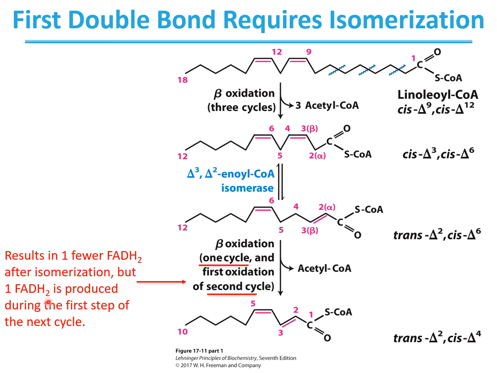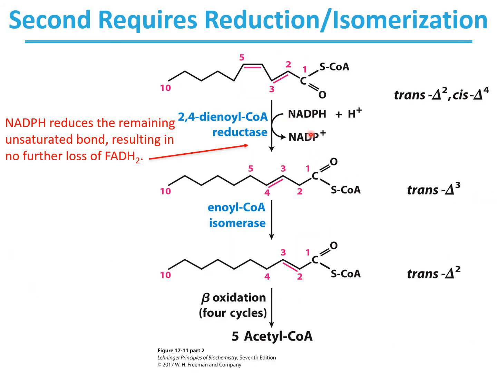But one FADH2 is produced during the first step of the next cycle here, because we oxidize this other cis double bond. This means that this will result in no further loss of FADH2 because this will undergo the regular 4 steps of beta oxidation.